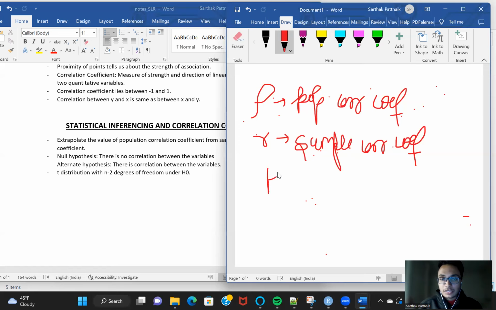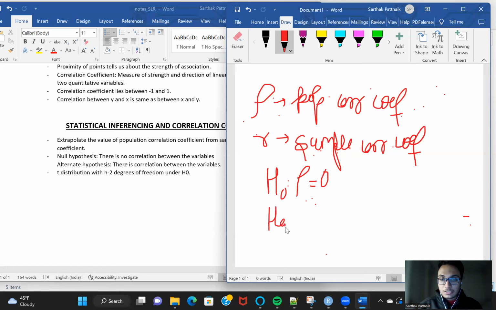So my null hypothesis H naught will be rho is equal to 0. What this means is that my null hypothesis states that there is no correlation between the two numerical variables.